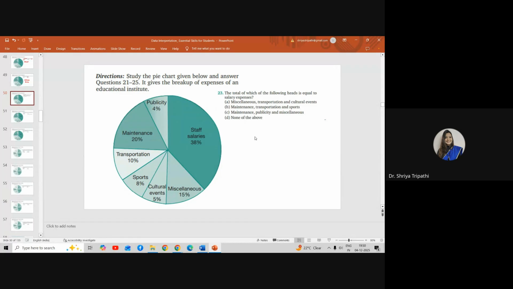It should total 38%. So which of the options would be right?